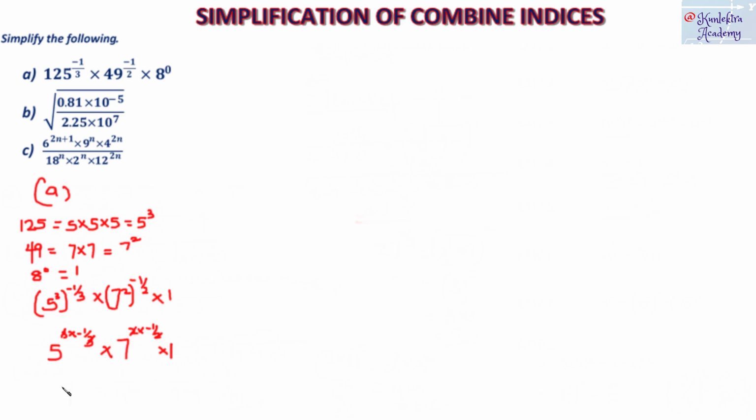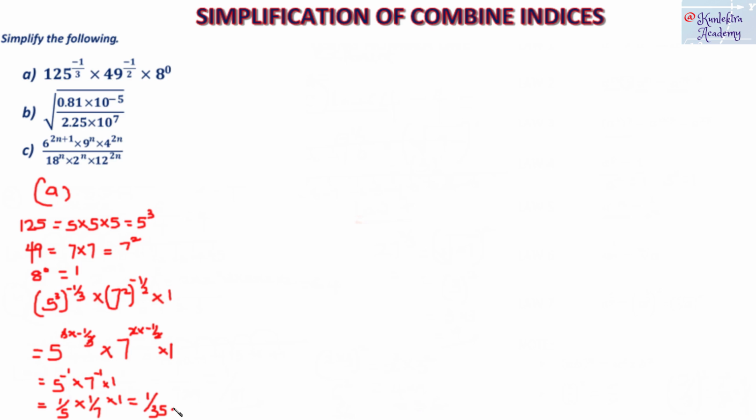We have 5 raised to power minus 1 times 7 raised to power minus 1 times 1. And this will give us 1 over 5 times 1 over 7 times 1. Then we have 1 over 35. That's the first question.